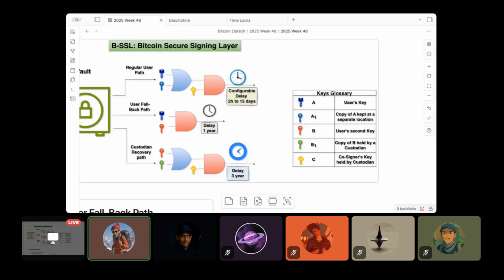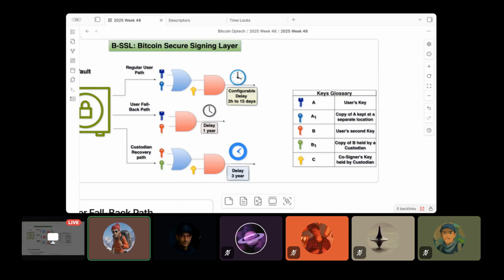So it is up to the user to keep track of what keys he has used to create it, and what keys he will require to sign it, and the same goes for the custodian.